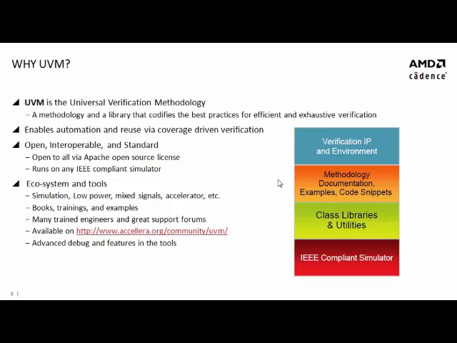And on top of this now, there's an ecosystem which has been set up around UVM, which allows people to share verification IP, share verification environments, maybe also go to the market and buy verification IP. For example, Cadence, Synopsys, Mentor all sell verification IP, as do others as well.